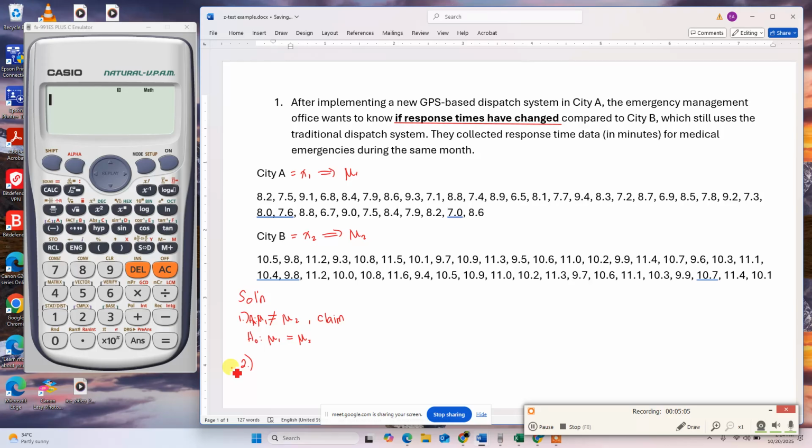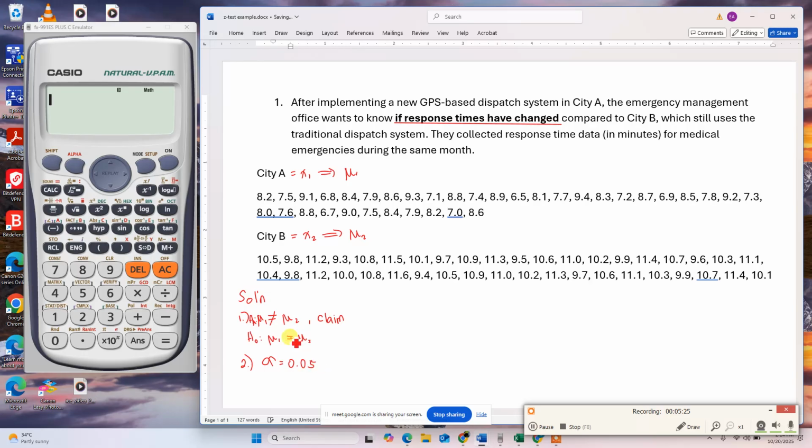Otherwise, if it is stated in the problem, that would be the alpha level that we are going to follow. From the statement, there is no alpha level, meaning that our alpha level would be 0.05.